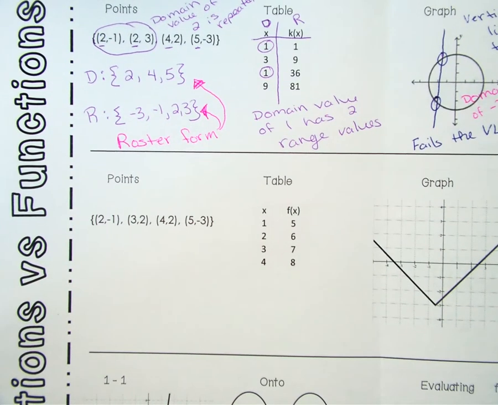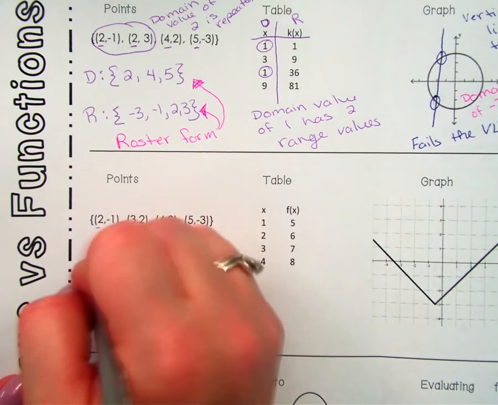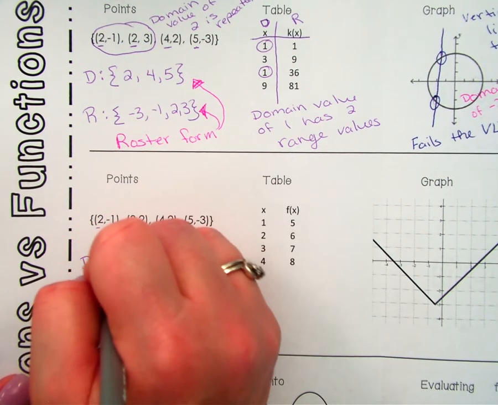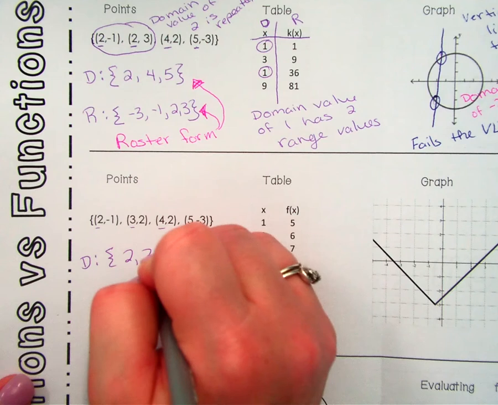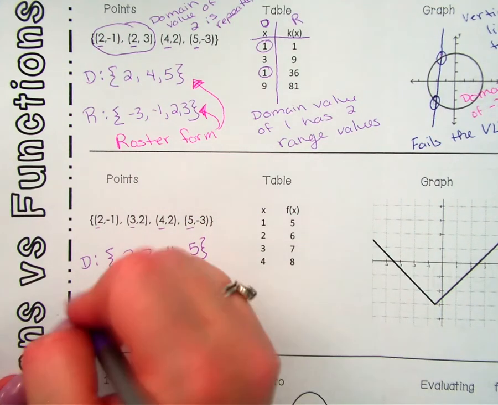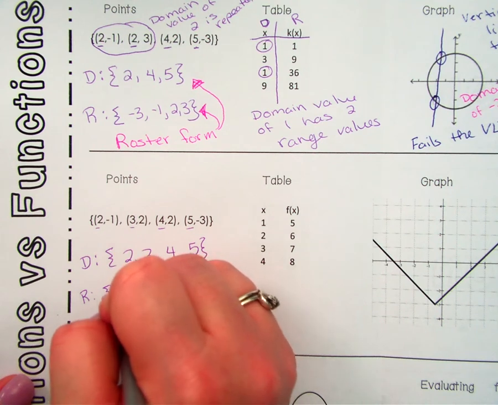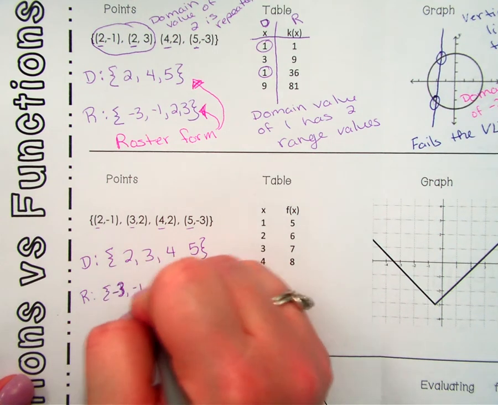So then our functions, looking down at our next row here, our functions, each domain has only one range value that it connects to. So taking a look here at my set of points, my domain values are all different. I have domain of 2, 3, 4, and 5. And then my range values, -1, -3 should go first, -1 and 2.